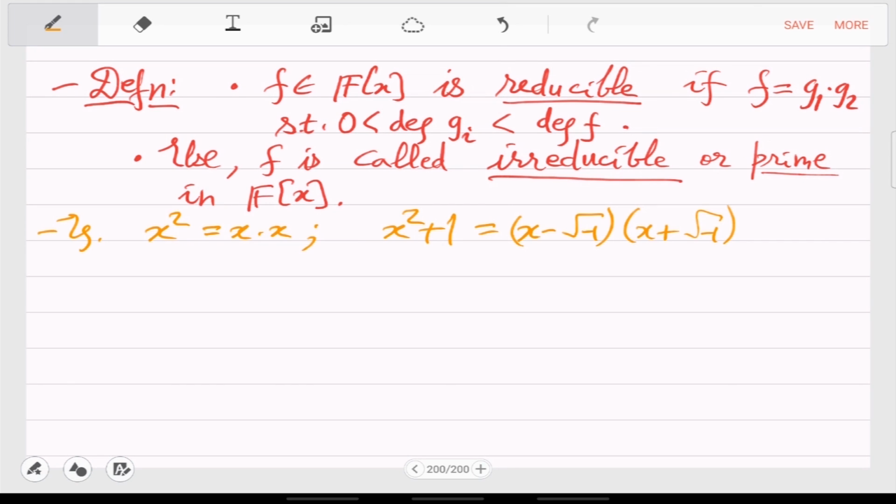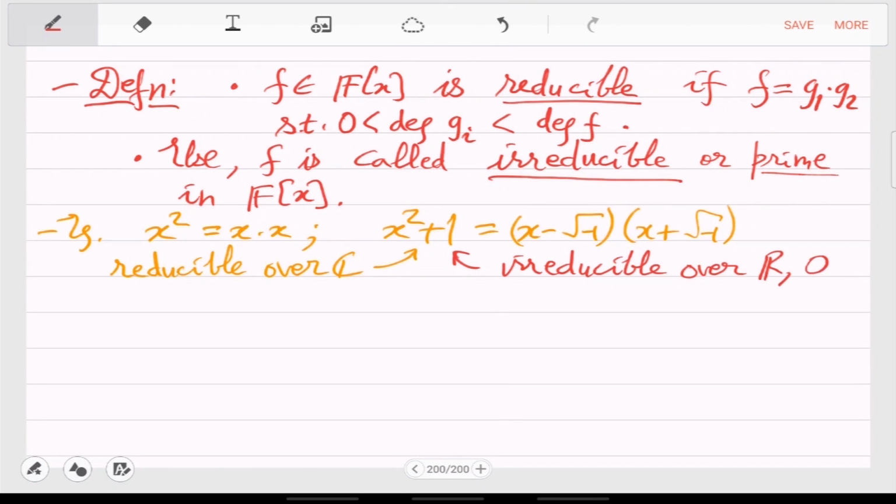One is that it's reducible over the complex numbers, but it's irreducible over the reals and rationals, right? So the same polynomial may have different behavior if you change the field.